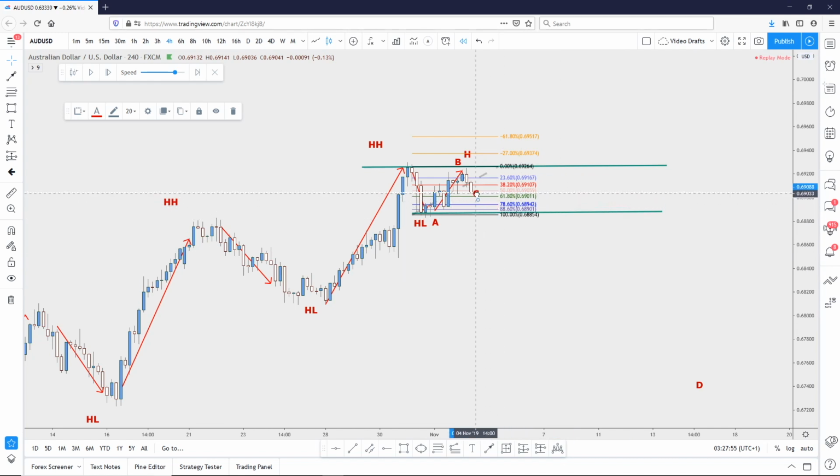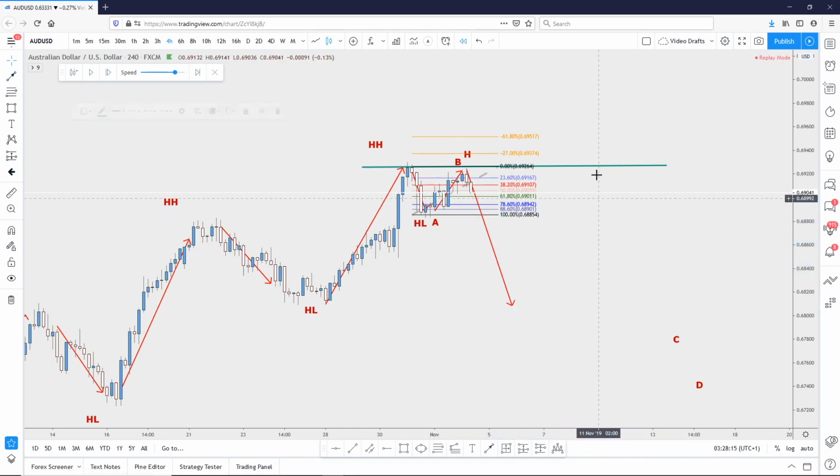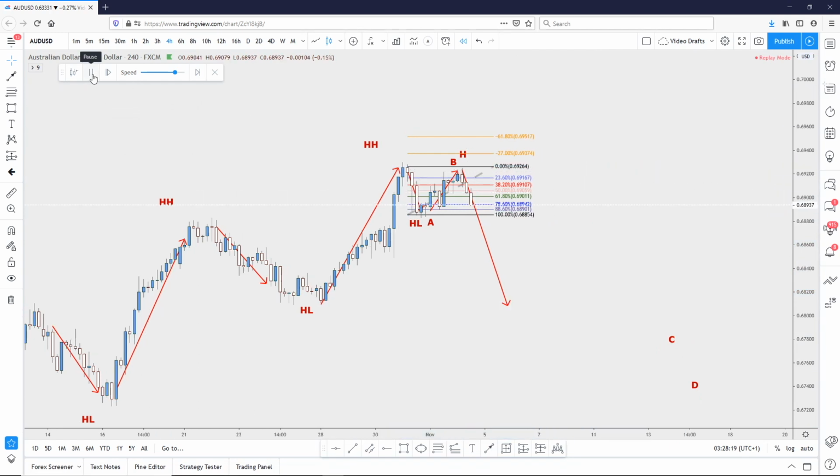We're expecting point C maybe at 61.8, but if price continues all the way down and breaks this level, point A is the 100% retrace. If it breaks the 100% retrace, that's where we would write break of structure. So let's delete these lines here. Let's see what happens.